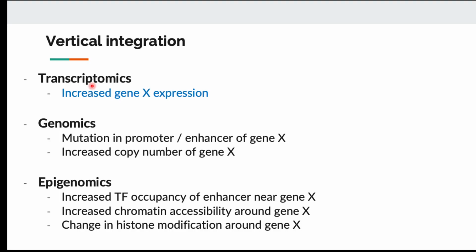For example, with vertical integration, if you observe an increase in gene expression for gene X, you can match the change in expression for gene X to the mutation that occurs around gene X. And that might explain it, if there is a mutation in the regulatory region near gene X. Or you might see increased copy number of gene X. And if you go to the epigenomics track, you might see change in transcription factor binding or change in chromosome accessibility. So vertical integration is still not too bad because we assume that we have the same set.